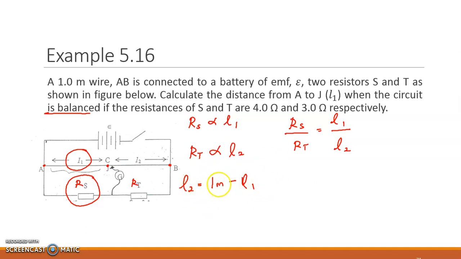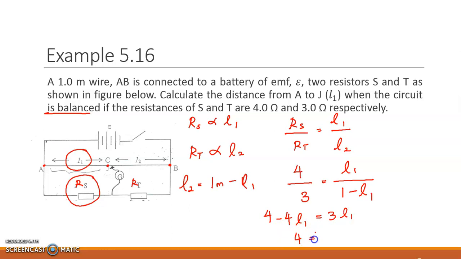So we will put 1 meter minus L1 into this equation. Resistance S is 4 ohm. Resistor T is 3 ohm. L1 over 1 minus L1. From here we can solve for L1. We bring it to this side and 3 to this side. So we will get 4 minus 4L1 equal to 3L1.